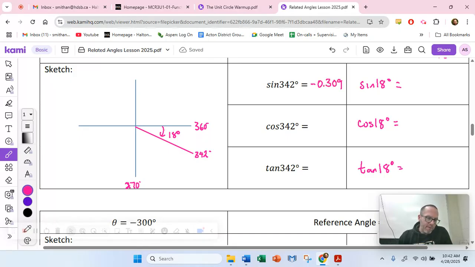Cosine should be positive, and it is, 0.951. Excuse me, tan should be negative, and it is negative 0.325. And then slam sine, cos, and tan of 18 on your calculators. You should get the exact same numerical values. Signs will all be positive.